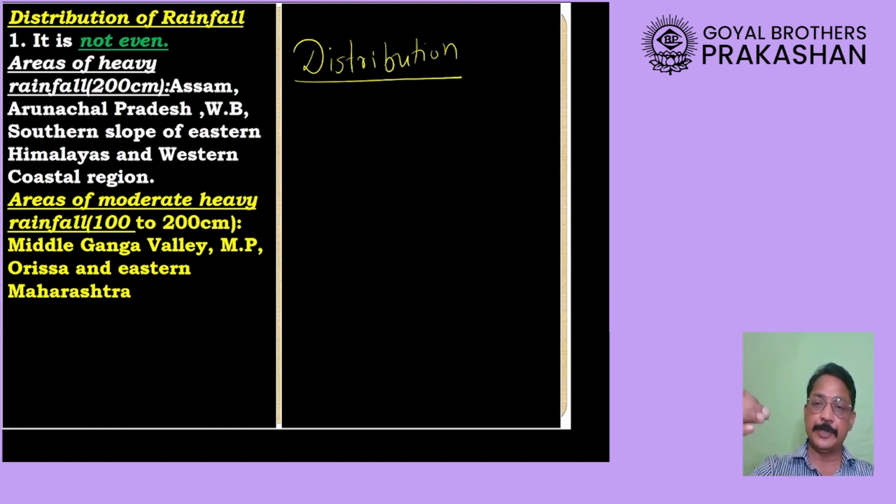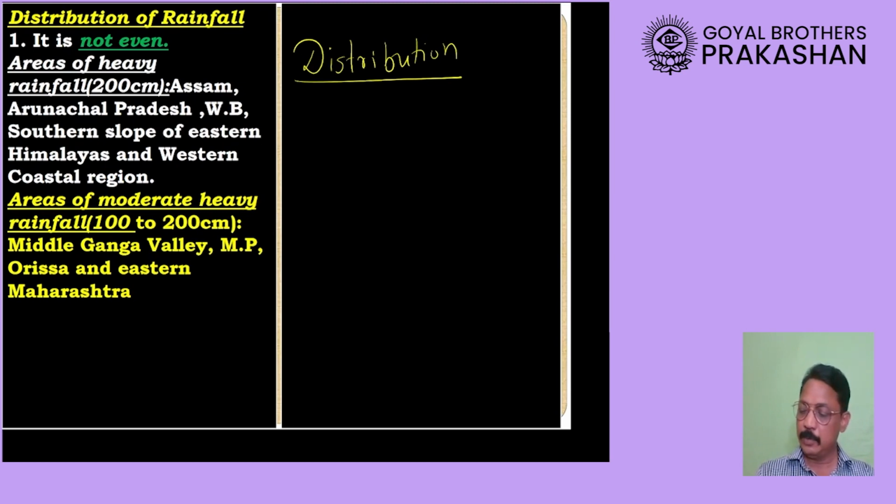By the time it reaches Delhi, it is 15th of July. That means the duration of rainfall in Kerala is more, because in the month of June itself it begins to rain, but it reaches Delhi only by mid July, about 1.5 months late. That means that region will definitely receive comparatively less rain than Kerala. So we can say that the distribution of rainfall in India is not even.